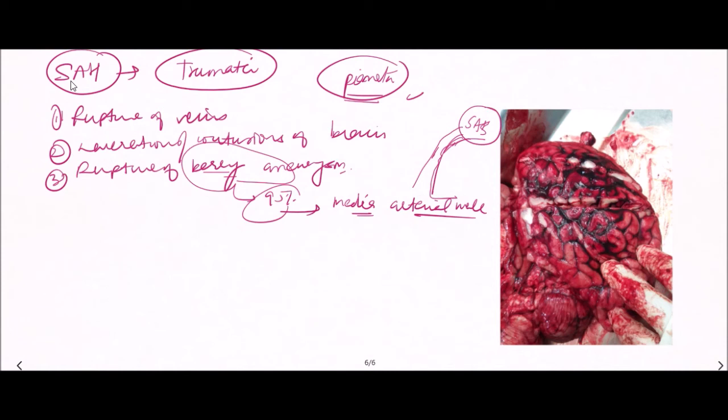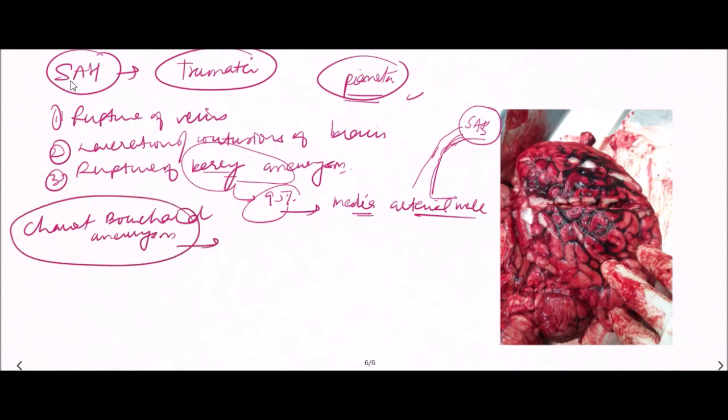This is known as Charcot-Bouchard aneurysm. Charcot-Bouchard aneurysm is seen in hypertensive patients. There is spontaneous rupture of these aneurysms that leads to formation of SAH.